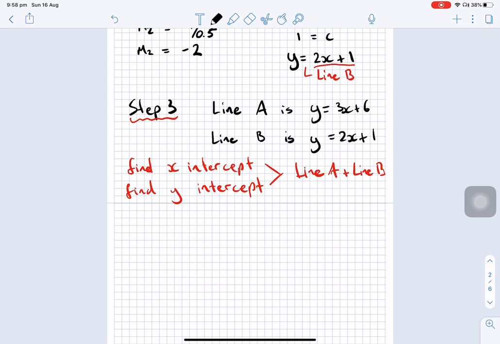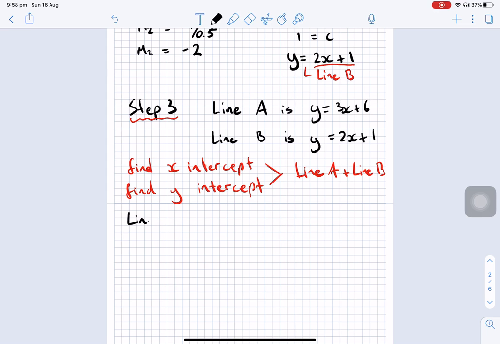When we find our x-intercept, y equals 0, and when we find our y-intercept, x equals 0. So we can do that right now.